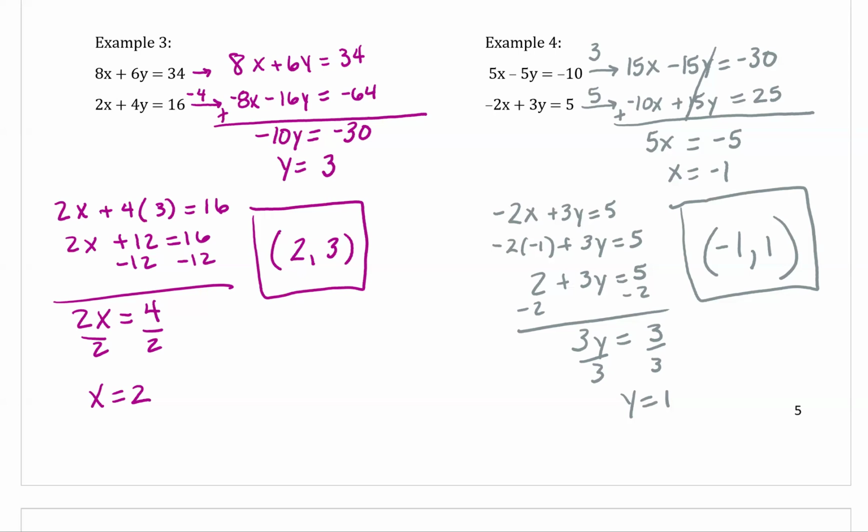All right, and I would like to just show you here, if you would have eliminated x, what that might look like. So we would multiply the first equation by 2 and the second equation by 5.